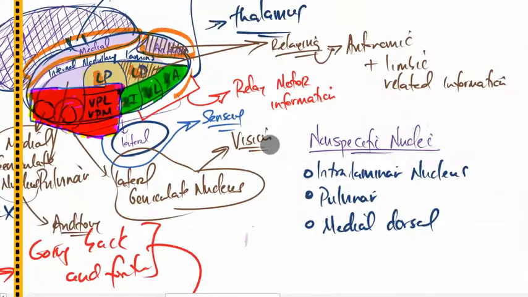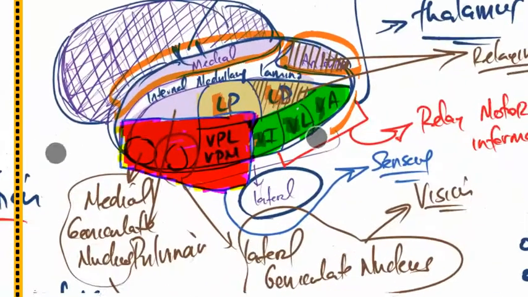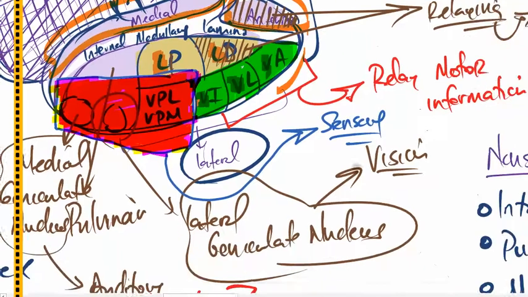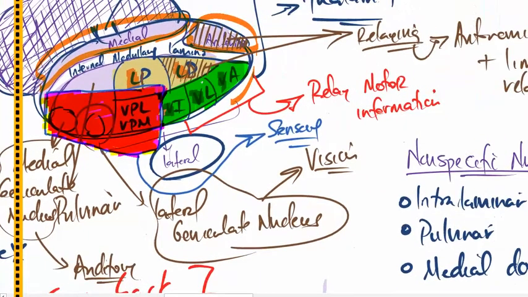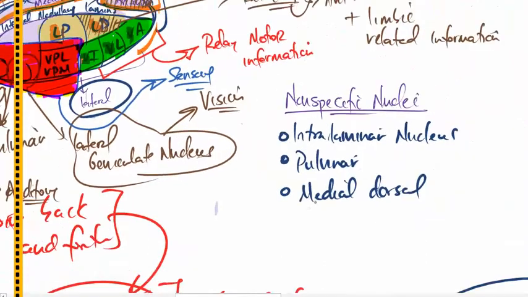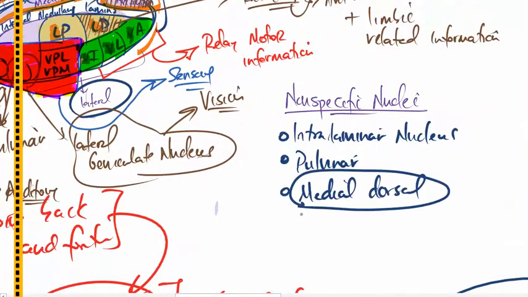Here we talked about the medial cell mass. Remember, roughly we said we'll have the medial cell mass, the anterior cell mass, and the lateral cell mass. Now, this medial cell mass does have further divisions. One such division is the medial dorsal.